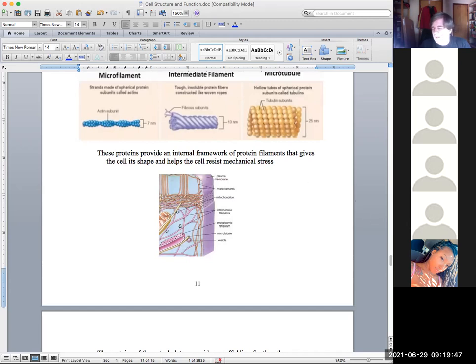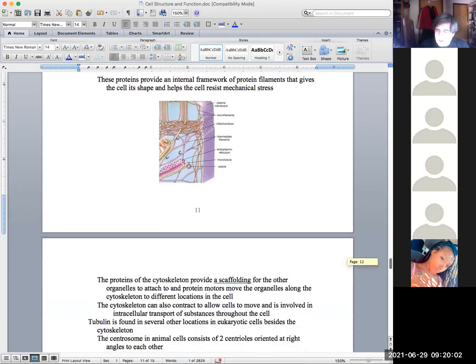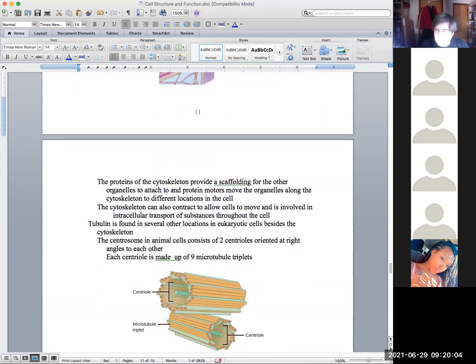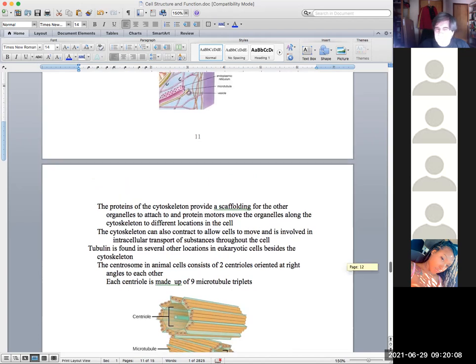Can do the same thing with actin. So this means that the cytoskeleton can also help the cell move or change shape because certain parts of it can get longer or get shorter. And when they do that, the cell's going to change shape. It may grow, it may shrink. So we want to keep that in mind.